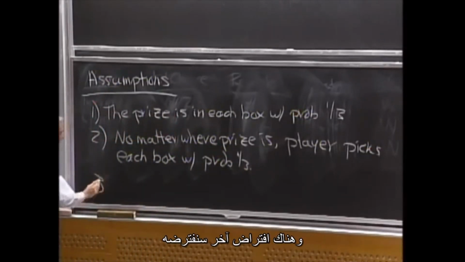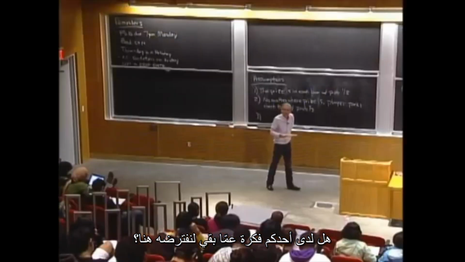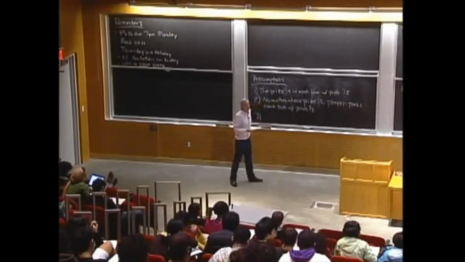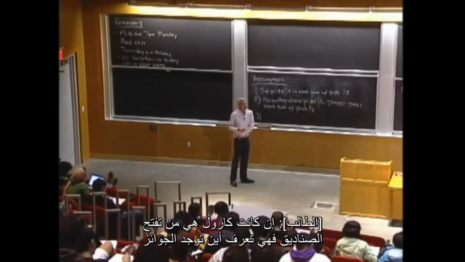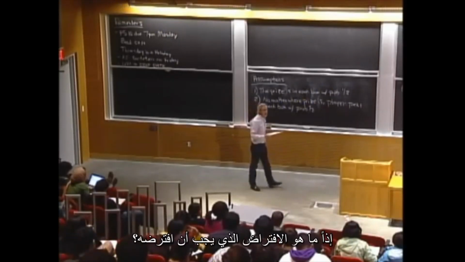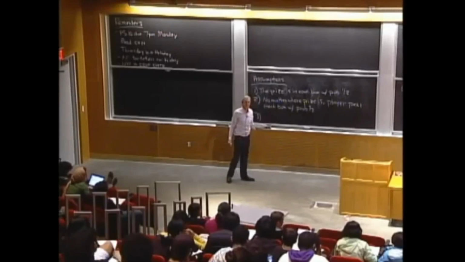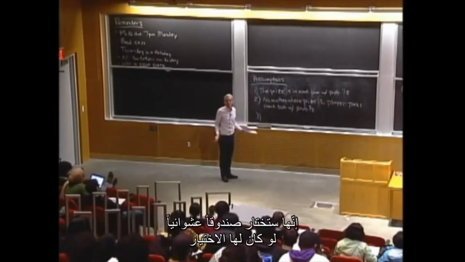All right, and there's one more assumption we're going to make. Anybody have any ideas about what's left to make as an assumption here? Yeah? I guess if Carol's the one who's opening the box, she knows where all the prizes are. Yeah? Okay, so what assumption should I make? Yeah, that she picks a box at random if she has a choice.